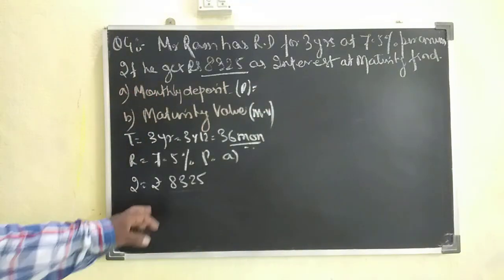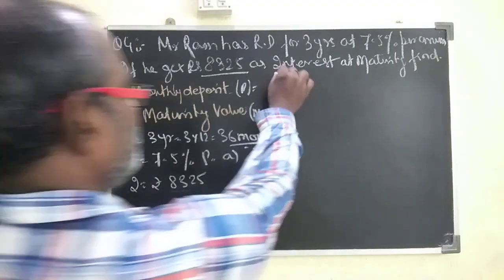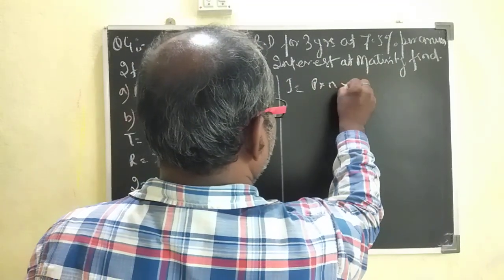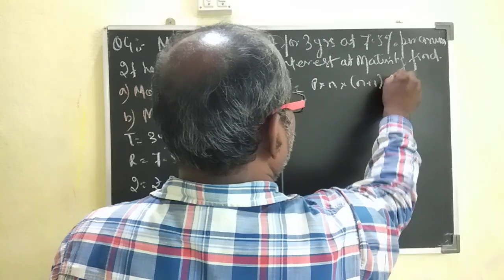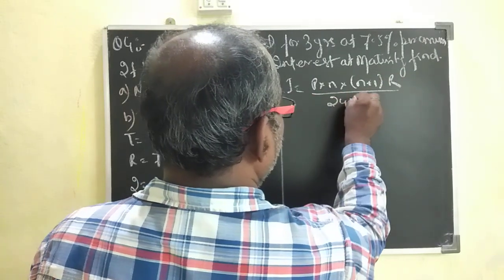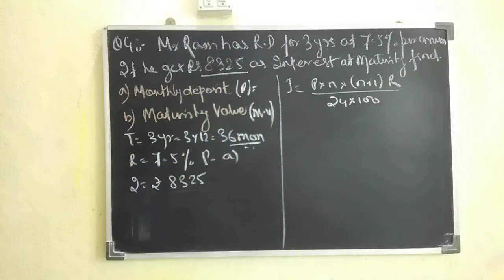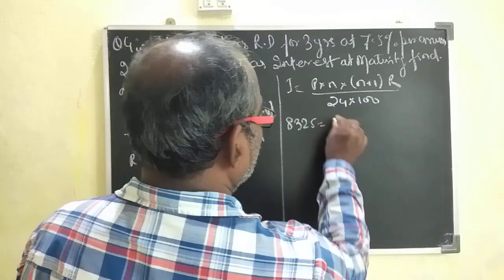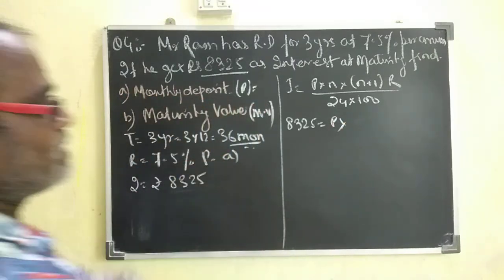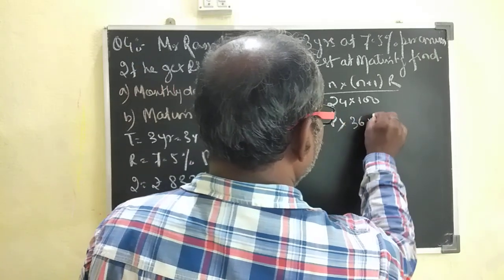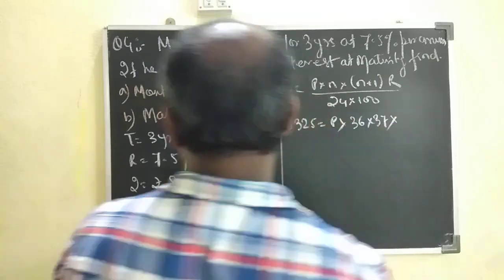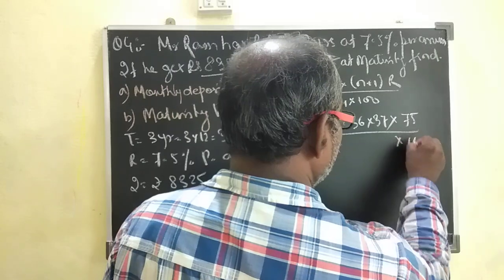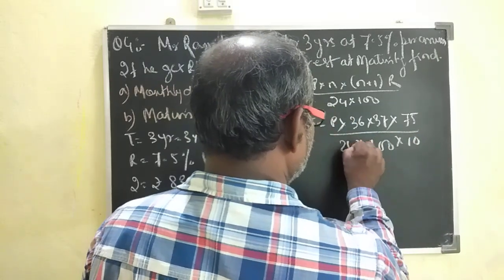At first we know the interest formula I equals P into N into N plus 1 into R by 24 into 100. From here we get 8325 equals P into, here N is 36, so 36 into 37 into rate 7.5, we write 75, then 10, 100 into 24.